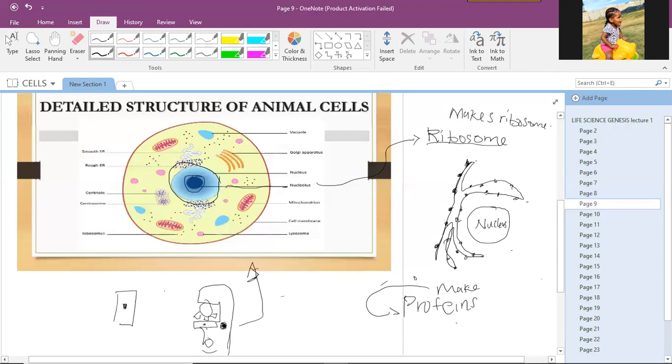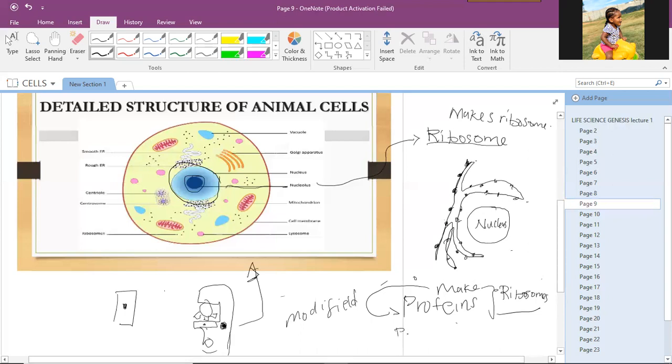So where are these proteins going to be made? The proteins are going to be made in the structures known as the ribosomes. And these proteins have to be modified to perform specific functions. So you're understanding, right? Where are proteins made? The ribosomes. What is the process in which proteins are made?